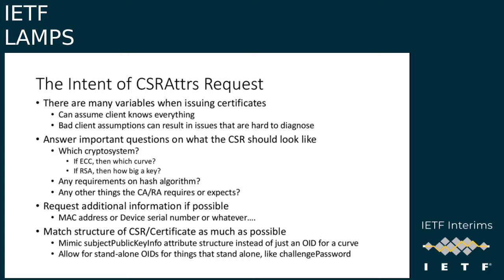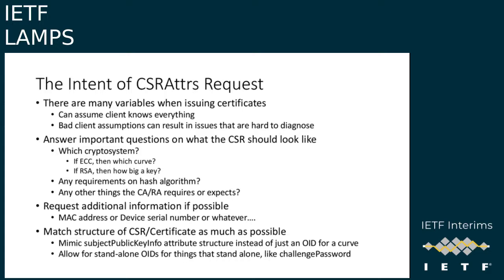So there was some discussion on the list about what CSR attributes are, the whole point of them is, and they got added to EST because it seemed like there's a lot of variables that need to get settled when issuing a cert, and it was at least our understanding that if a client assumed a setting that the CA didn't like, that it would probably result in not issuing the certificate, and that would be kind of a pain to diagnose.